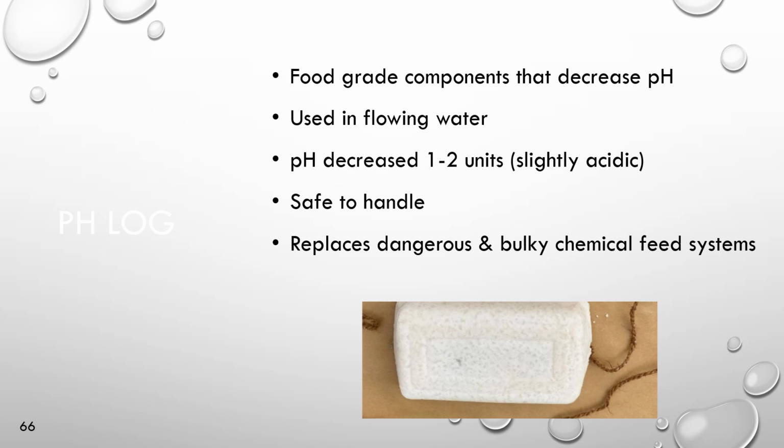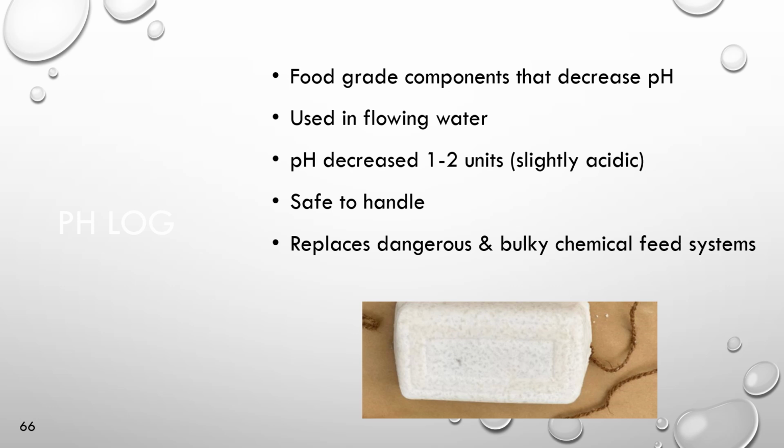They had a natural river that was leaving their site with a pH around 9, and I believe they needed to be at 8 or 8.5. They had totes of acid on the banks of this natural river, and it was just too much of a hazard and too much of a risk, and so they wanted to find another solution instead of having a tank of acid on a natural river in a remote area.